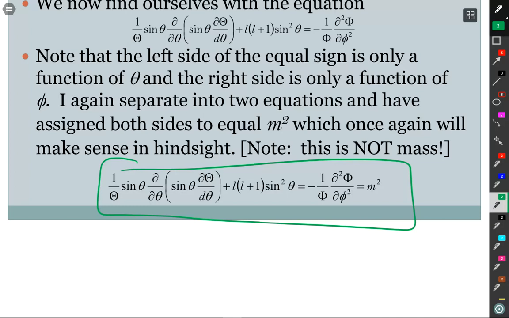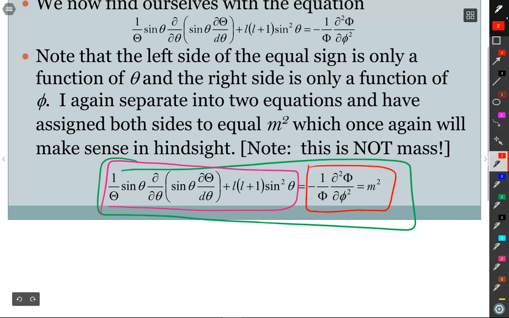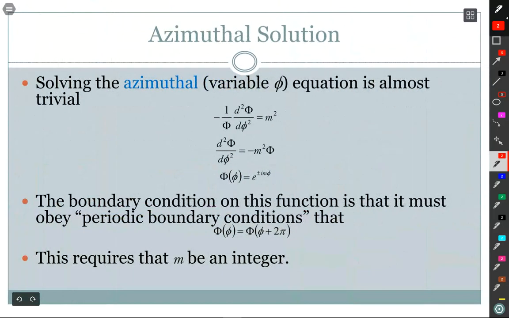So now we have this equation here, actually, because if you look at this later, it's better to see it here. This equation here equals m squared, or this equation here equals m squared. Which of those two would you like to solve first? The red box or the magenta box with it equal to m squared? Thank you. The red box, as I say, is almost trivially easy. This is called the azimuthal equation.